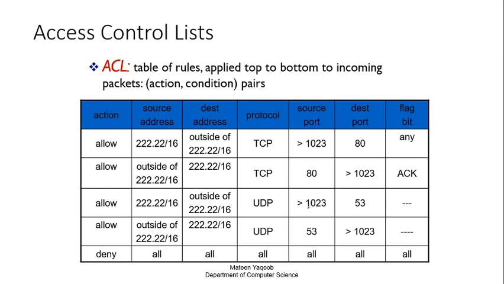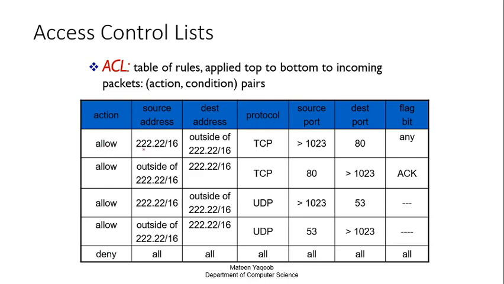The second type of filtering used in firewalls is stateful packet filtering, or you can say the access control list. An access control list is basically a table of rules that are applied from top to bottom to incoming packets, containing action and condition pairs. You can see a typical access control list here, where the action is to allow or to deny.